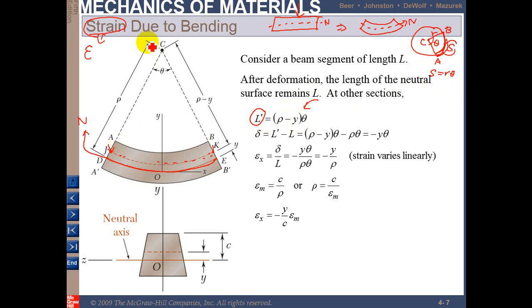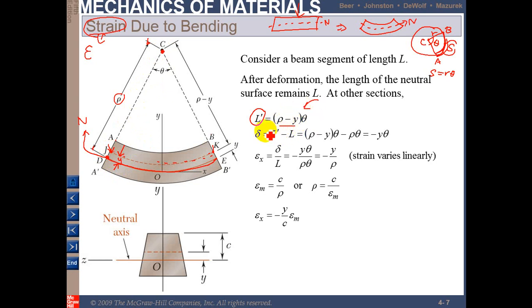Rho is the length of the radius from the center to the neutral line, and y is the length from here to here. So this length is equal to rho minus y, which is why you get rho minus y times theta.